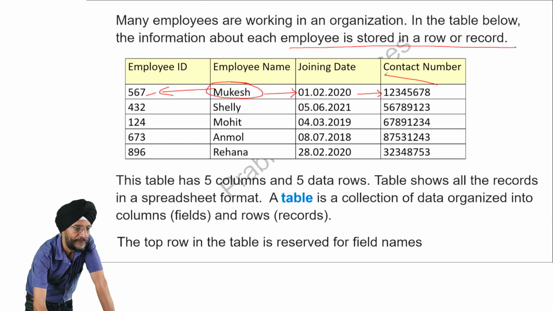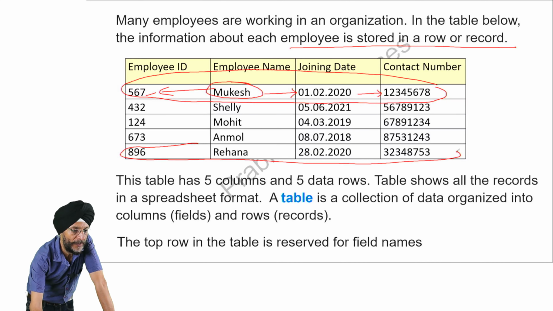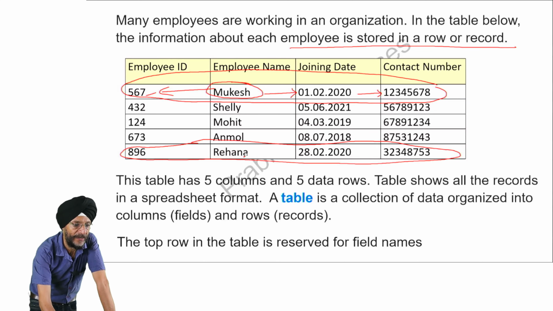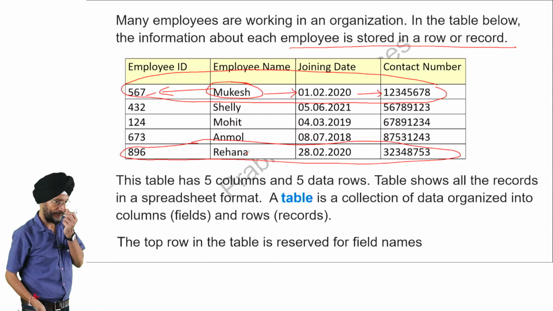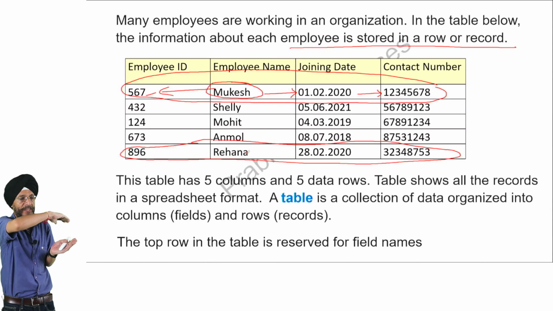So this is the record about one particular employee, Mukesh. In the same way, we have a complete record about another employee, Rihana, in another row. So information about each employee is stored in a row.